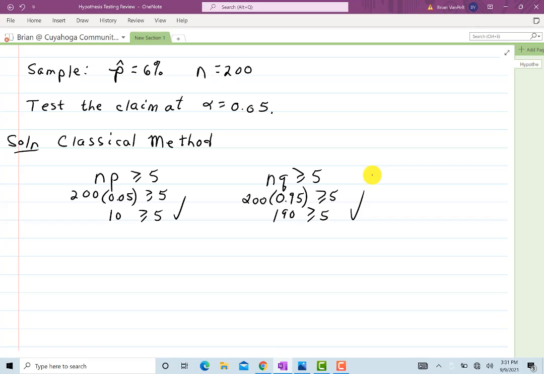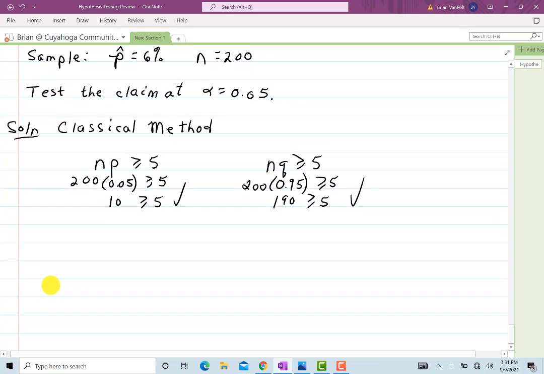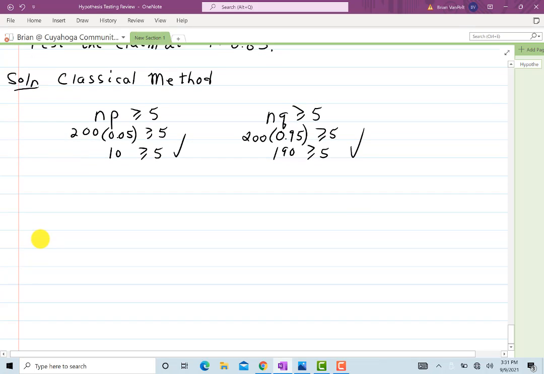All right, so we have ourselves a two-tailed test because we have our H sub 0, where we have p equals 5%, and then our H sub A is p does not equal 5%. Remember, this was the claim right here. And the bottom tells us we have a two-tailed test, not left, but two-tailed.